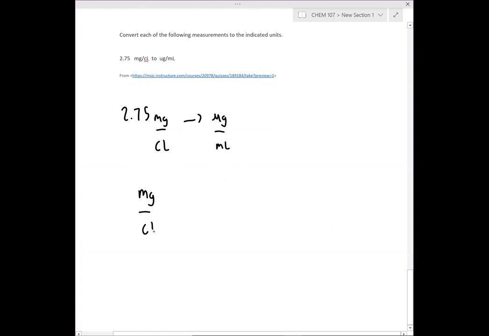Our end goal is to go from milligrams to micrograms. To do that, we're going to go through our unit of grams. Now we have centiliters on the bottom, and our goal is to get to milliliters. So then, what unit should we have as our intermediate?